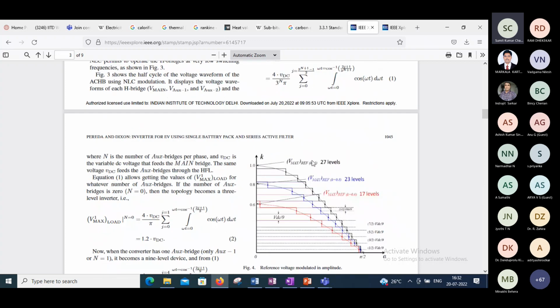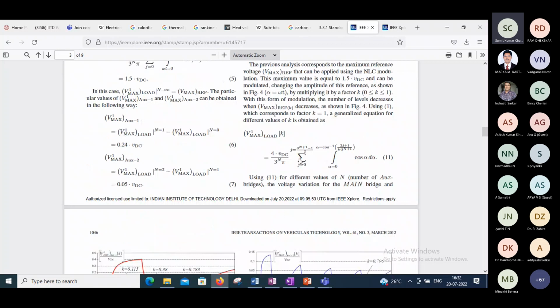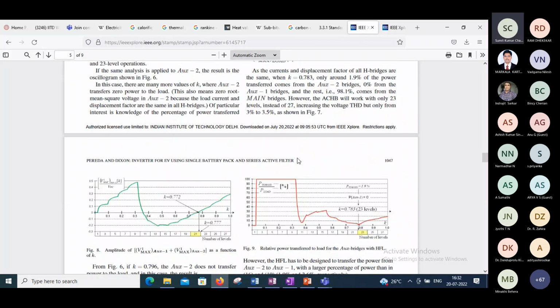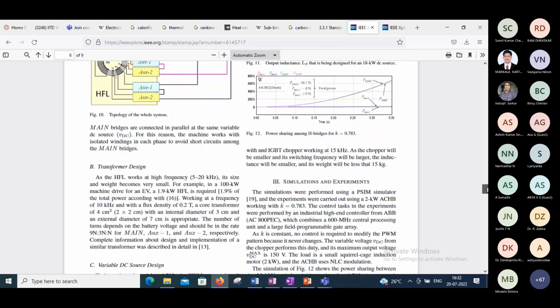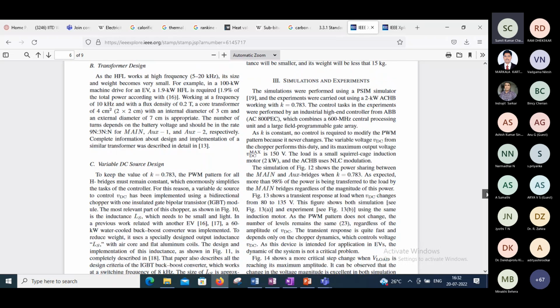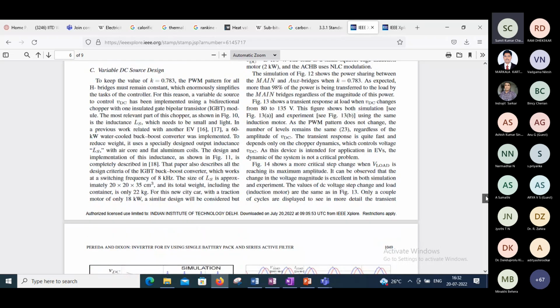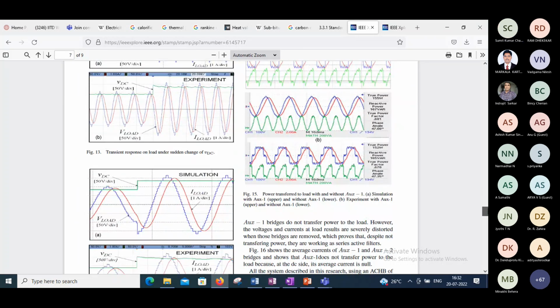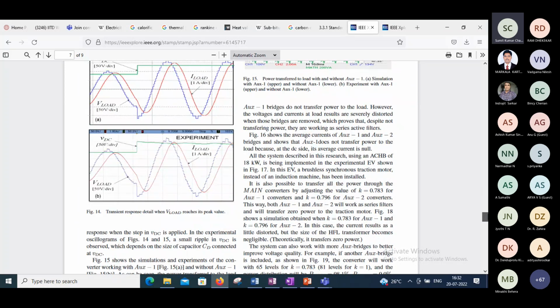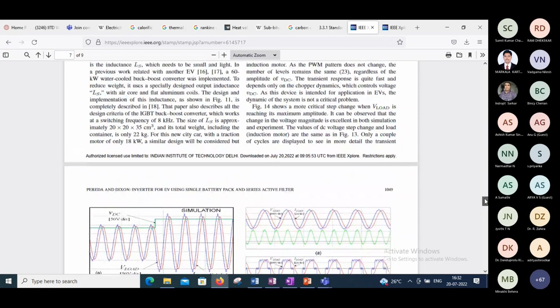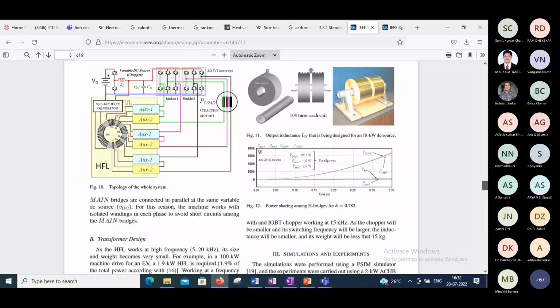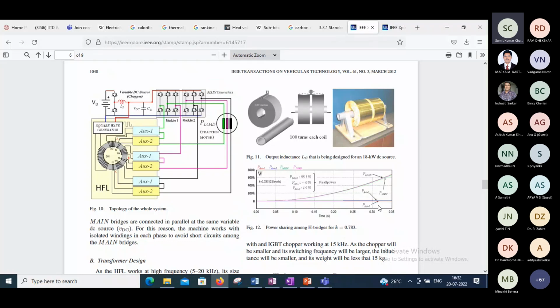Even an asymmetric converter here was giving a good challenge to a two-level converter, even in this power range of a light motor vehicle. Of course, there are many limitations.